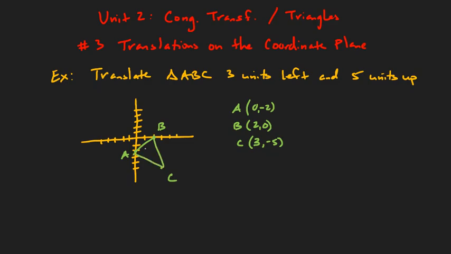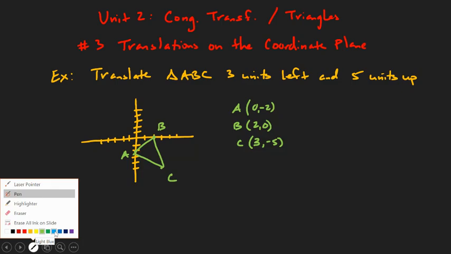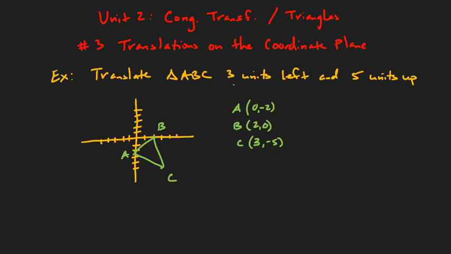Now our job is to do the translation. If you look at the original problem, the translation says we want to move 3 units left and 5 units up. Left affects the X direction and up affects the Y direction. So here's what's going to happen.